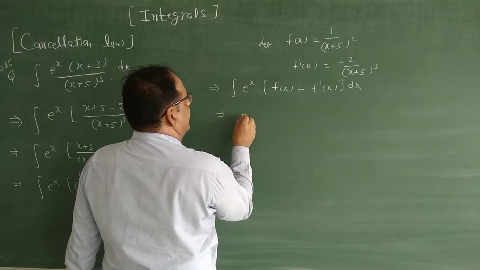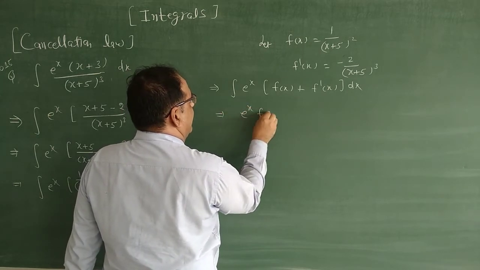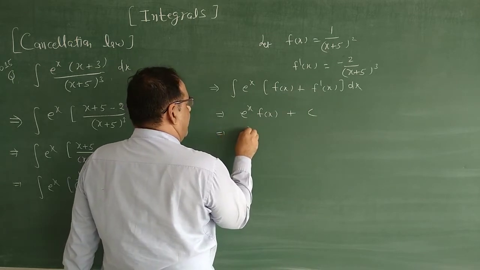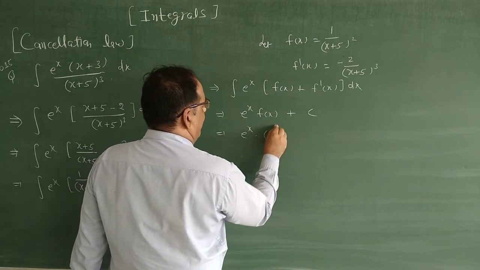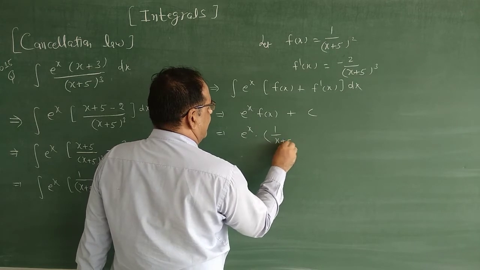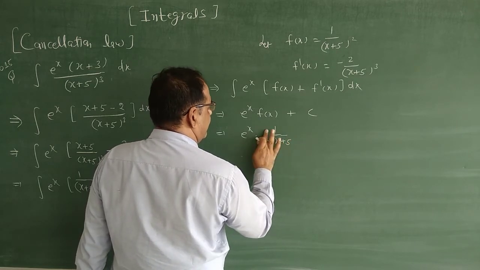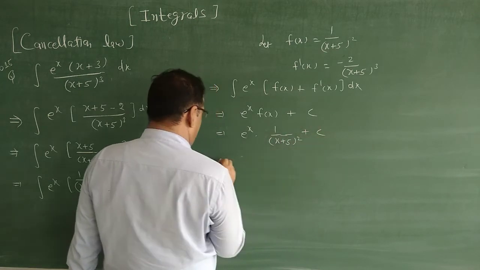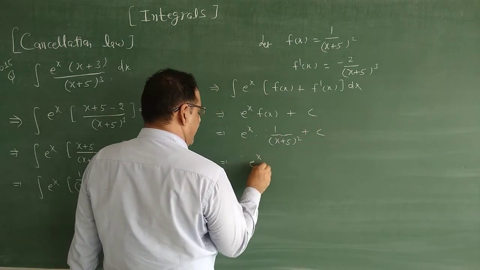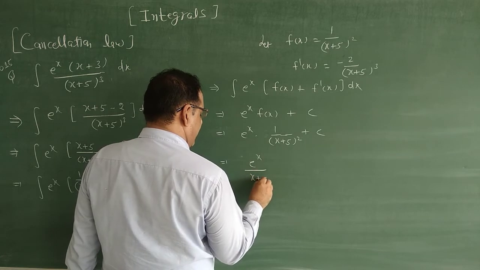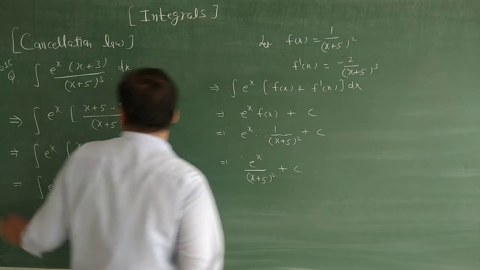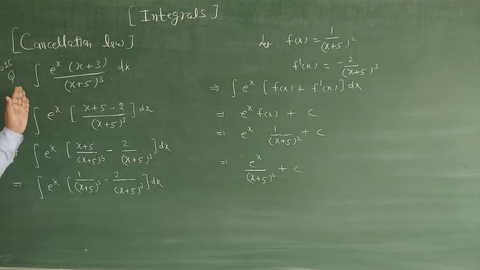So the integration becomes e to the power x f(x) plus c. What is the value of f(x) here? 1 upon (x plus 5) whole square, so the answer is e to the power x upon (x plus 5) whole square plus c. This is an important question based on the cancellation law.